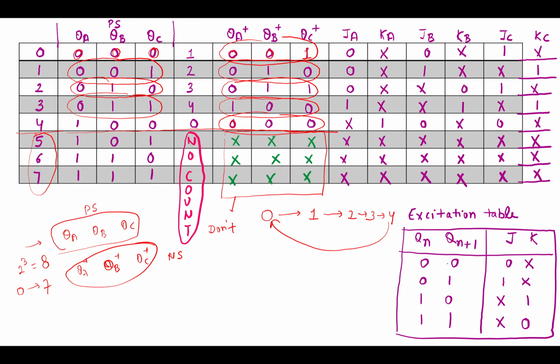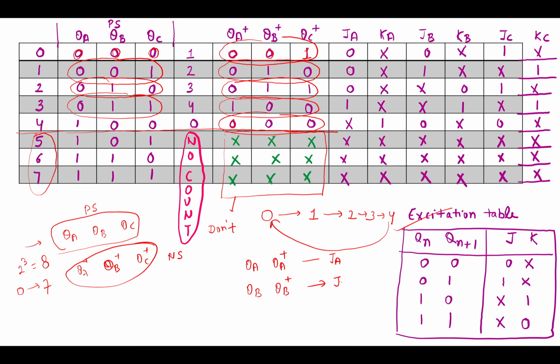So here, how to write the JA, KA, JB, KB, JC and KC values? We know the excitation table. For JA and KA, you have to consider QA and QA plus, and for JB and KB, QB and QB plus.